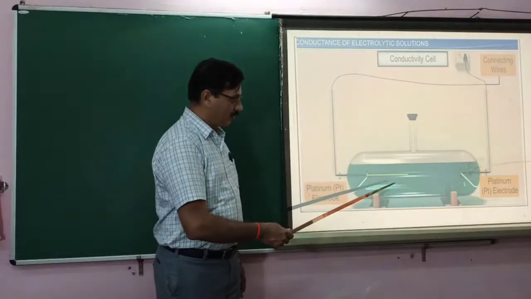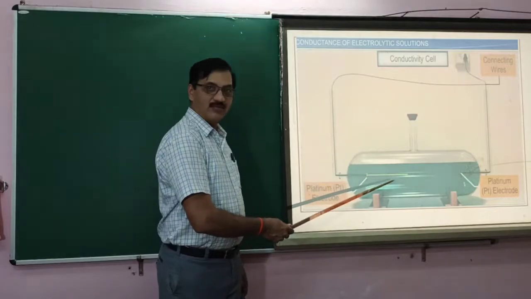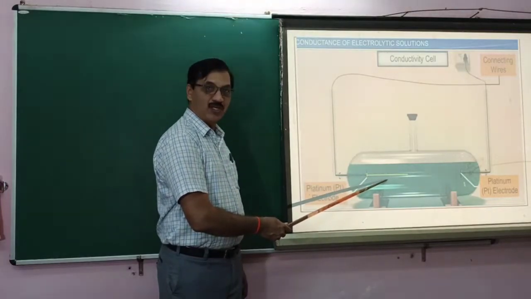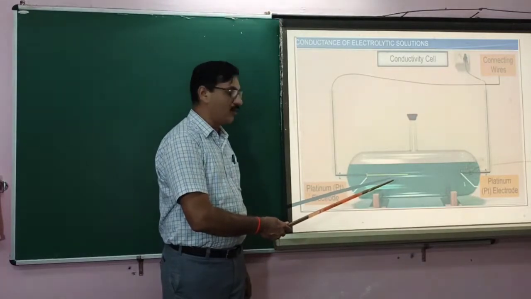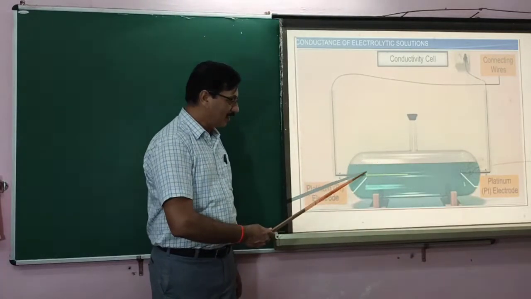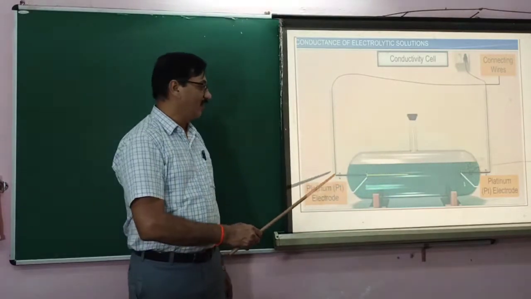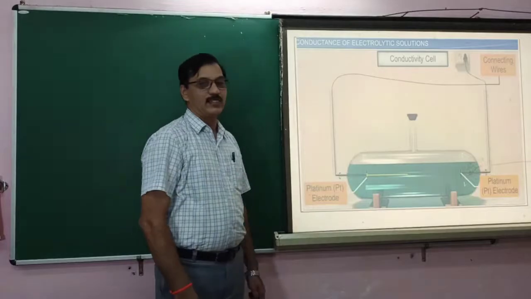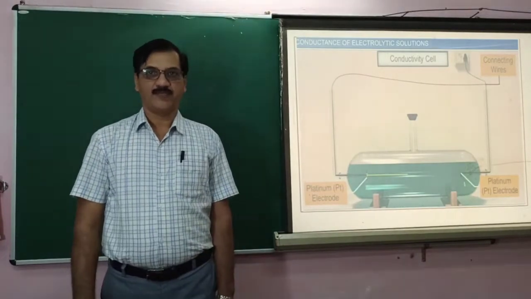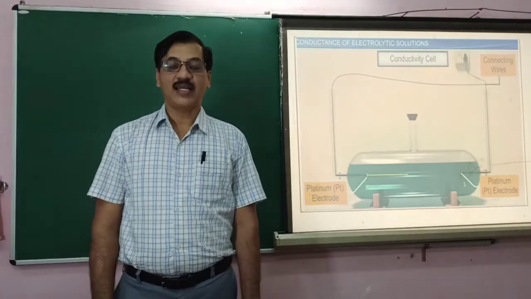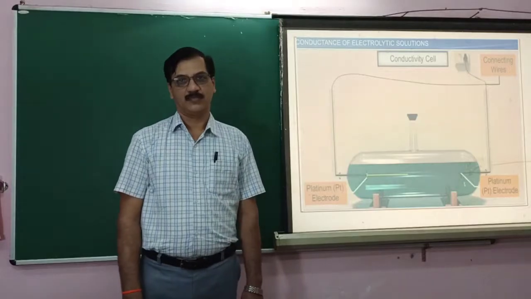So here is a conductivity cell in which the solution whose conductance is to be measured is taken, and these are connected with two electrodes which are opposite to each other, and this is connected to an AC source. So this is the arrangement of the different things in the conductivity cell.